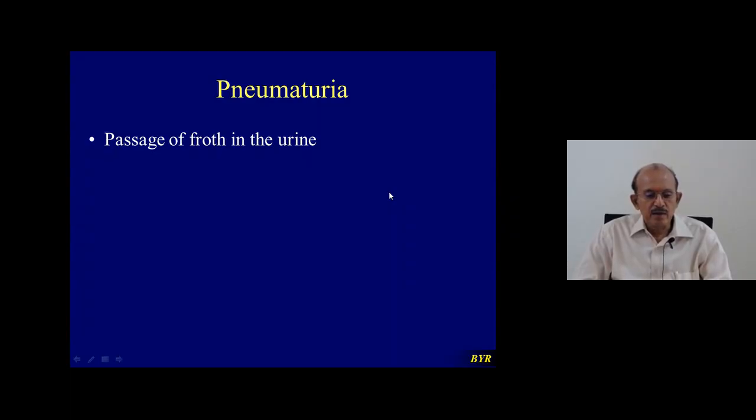What is the example for colovesical fistula? It is diverticular disease.